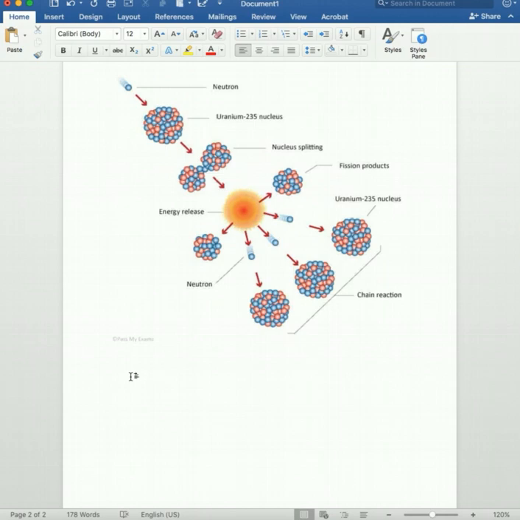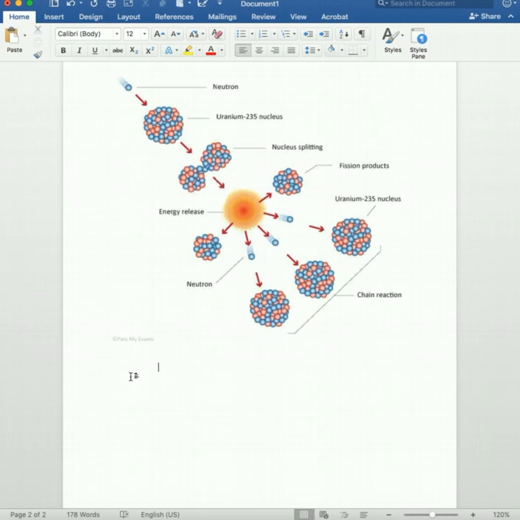So there are issues here, whereas nuclear fusion, which is what stars do to produce the energy they produce, nuclear fusion doesn't have these problems. It doesn't produce lots of nuclear waste. It produces some low-level, short-lived nuclear waste.